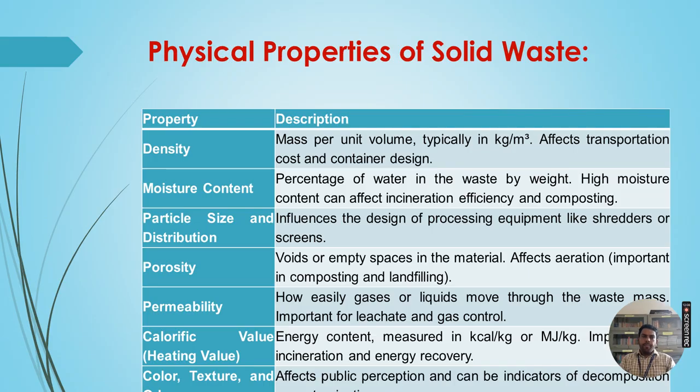Permeability means percolation of water molecules. In this situation, how easily gases or liquids move through the waste mass. When the volume of water in that particular solid waste is very high, it is converted into leachate.